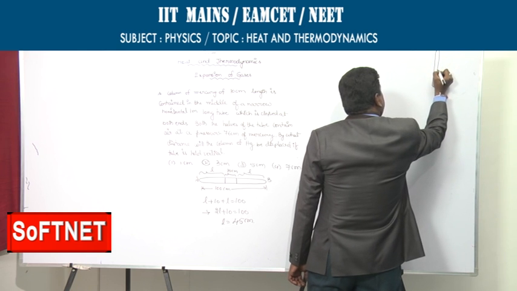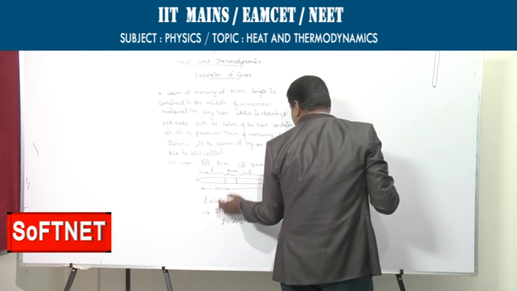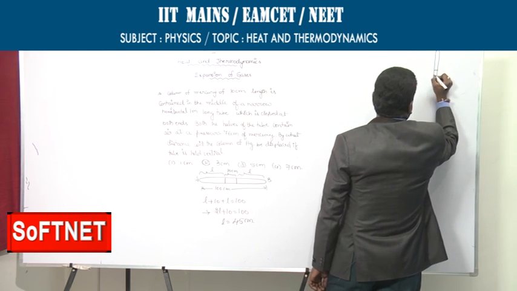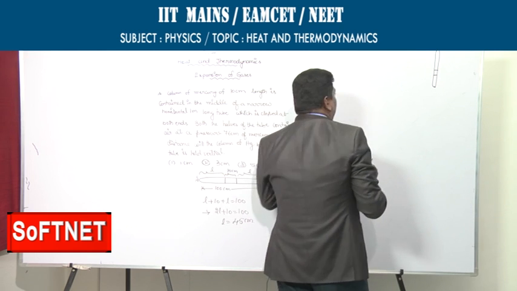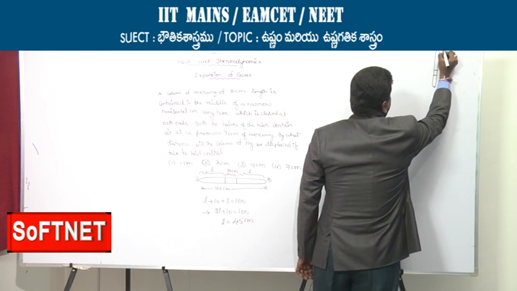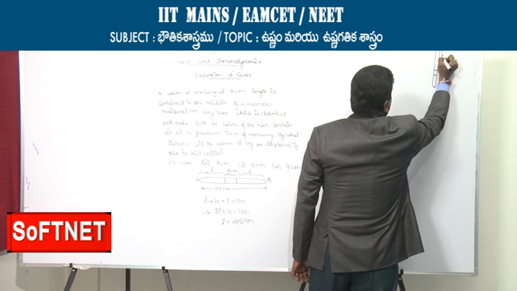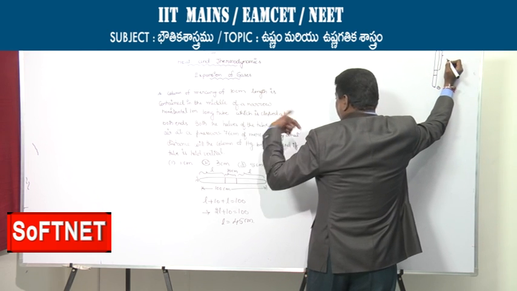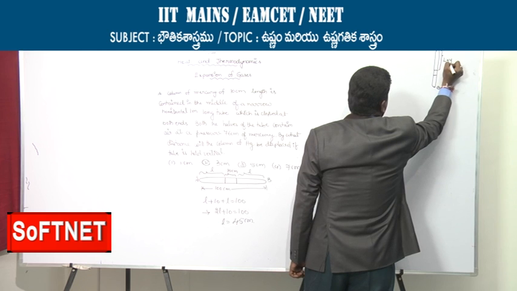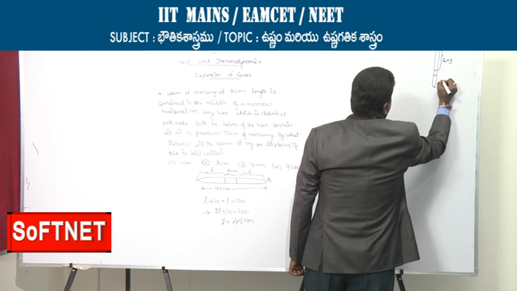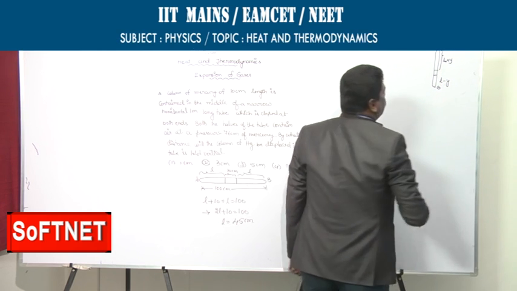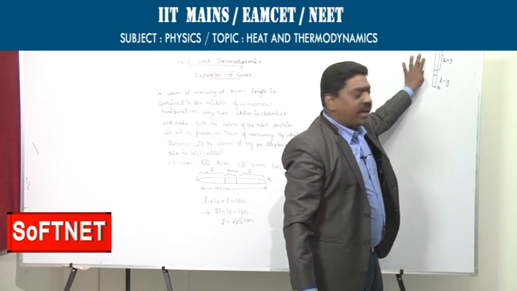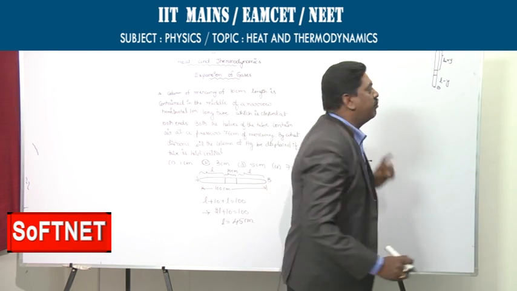Now the glass tube is made vertical. When the glass tube is made vertical, the mercury gets displaced by a small displacement y, so that the length of A increases by y, whereas the length of B decreases by y, so that we have L plus y in A and L minus y in the B part.